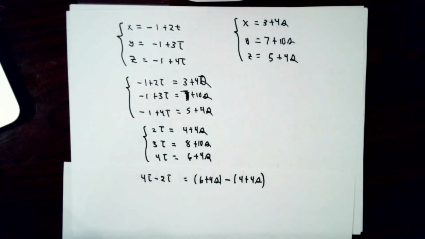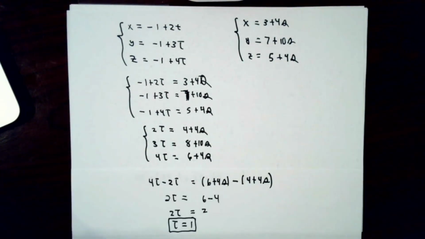The reason I decided to do that is this will make the 4 times s terms go away. Doing the arithmetic, if I'm going to find an intersection point, I totally know that t has to be 1 now.